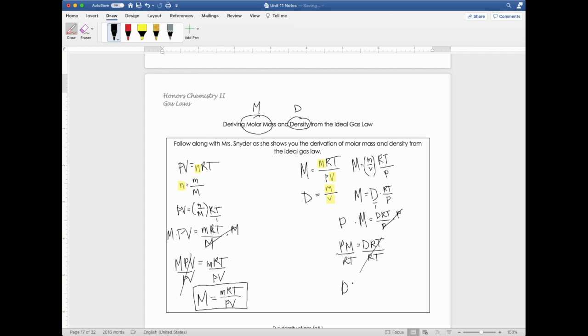So density is equal to the molar mass of a gas times its pressure divided by RT. This is also the ideal gas law. And PV equals nRT is also the ideal gas law. They're just different ways of solving the same equation. It's all the ideal gas law.